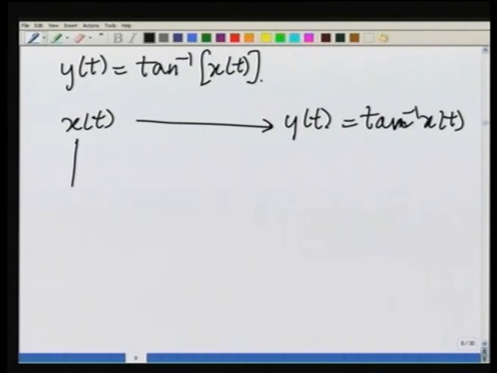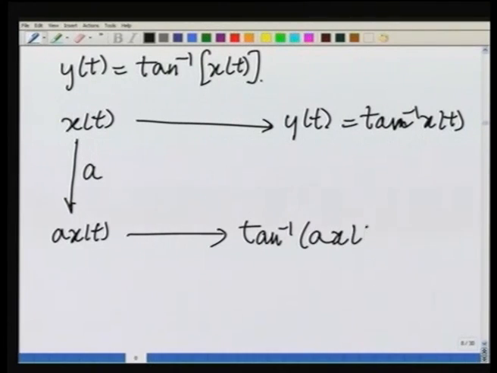Here we scale x(t) by a factor a to get a times x(t) and apply the system to get tan inverse a x(t).